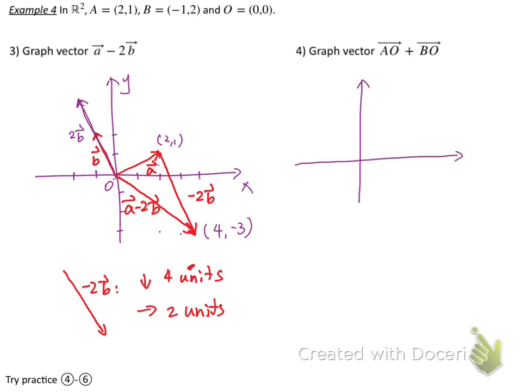So AO will be backward from A to O. So that's my AO, and here from B to O, that's my BO. Then AO plus BO. You finish your AO, then you move an equivalent vector as BO starting at the origin.